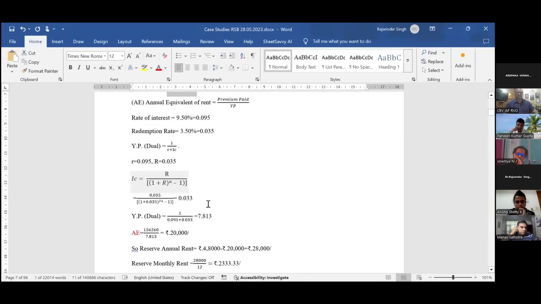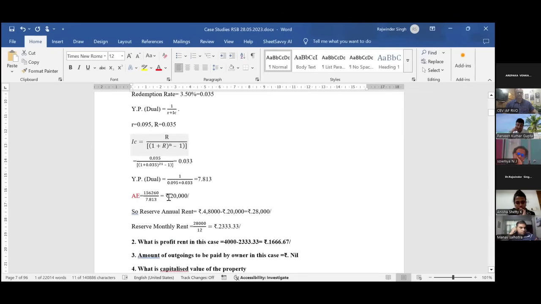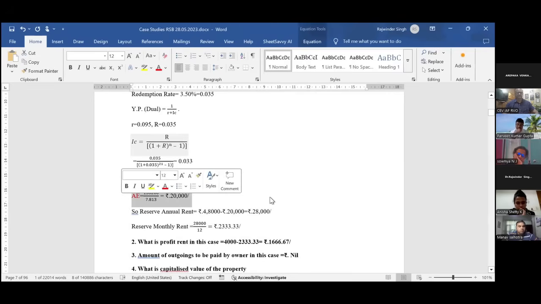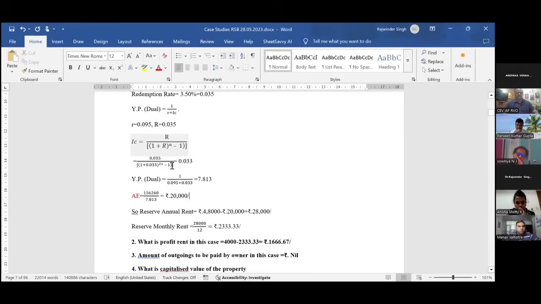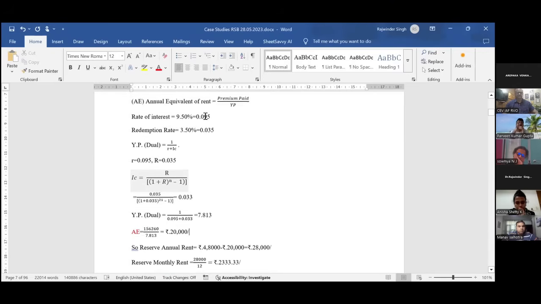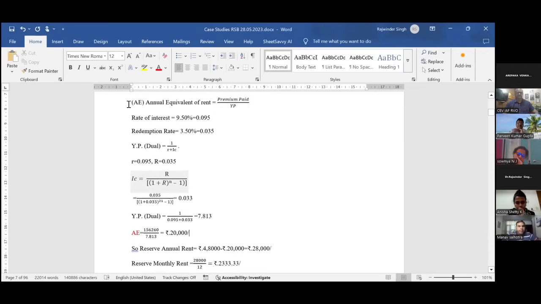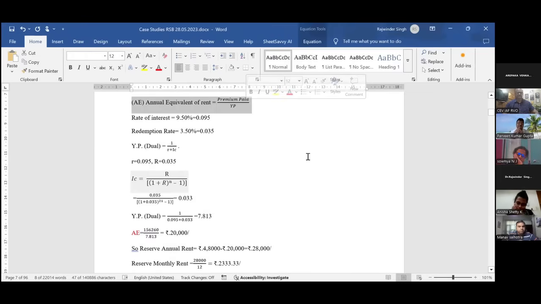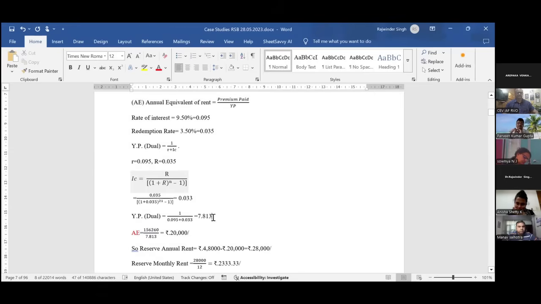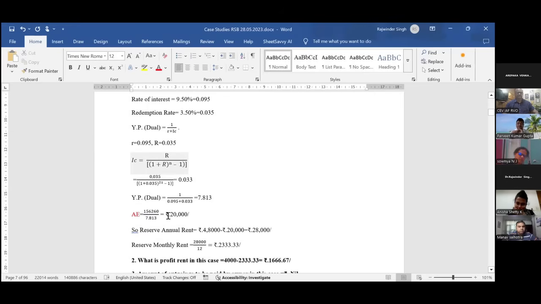Bank will give him an interest of 20,000. That is the annual equivalent. How do we find that annual equivalent? This is the formula: annual equivalent is premium paid divided by YP. YP is 7.813. So annual equivalent comes out to be 20,000.